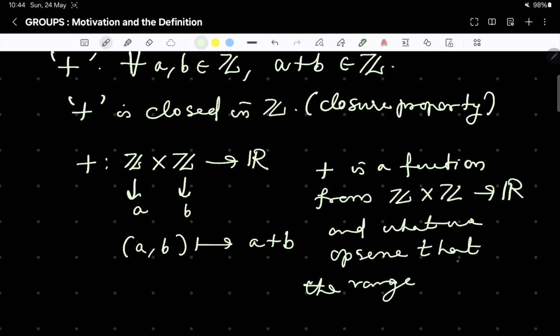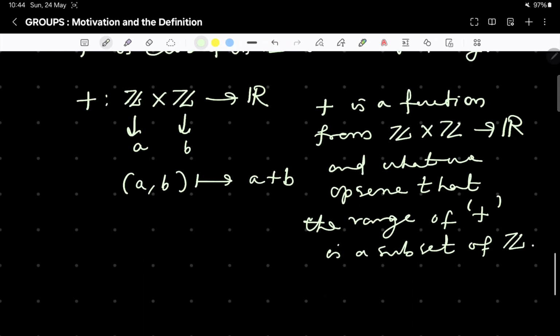The f of the domain. So the range of the function plus is a subset of integers, right? So that is a particular observation we have.